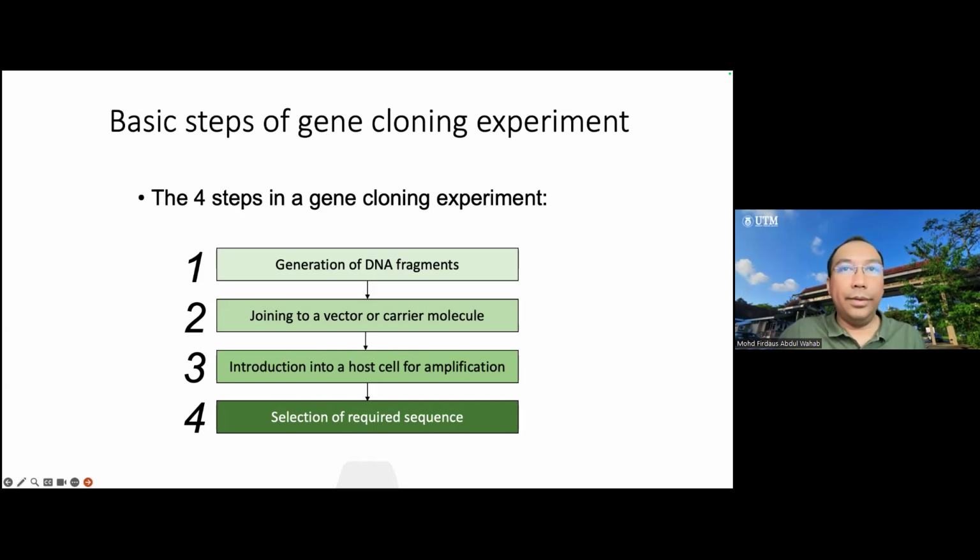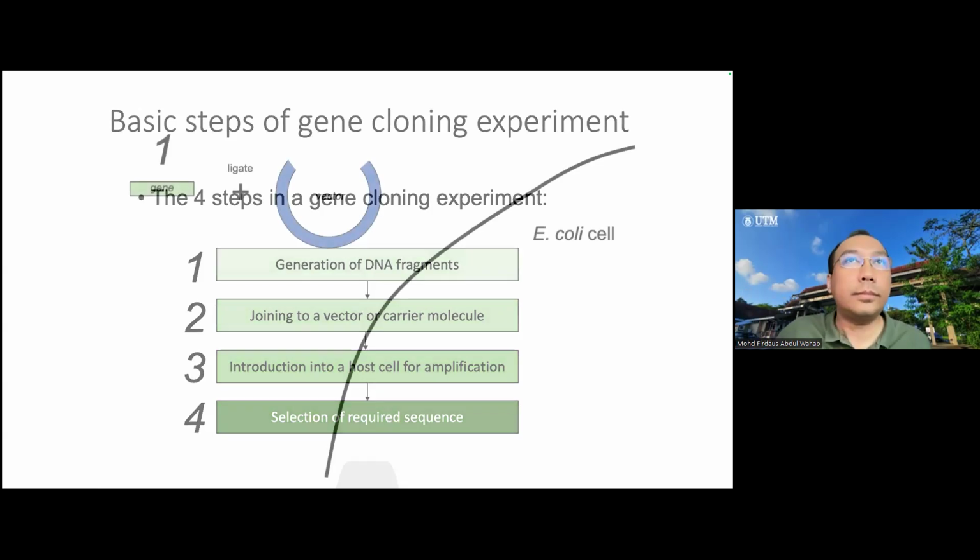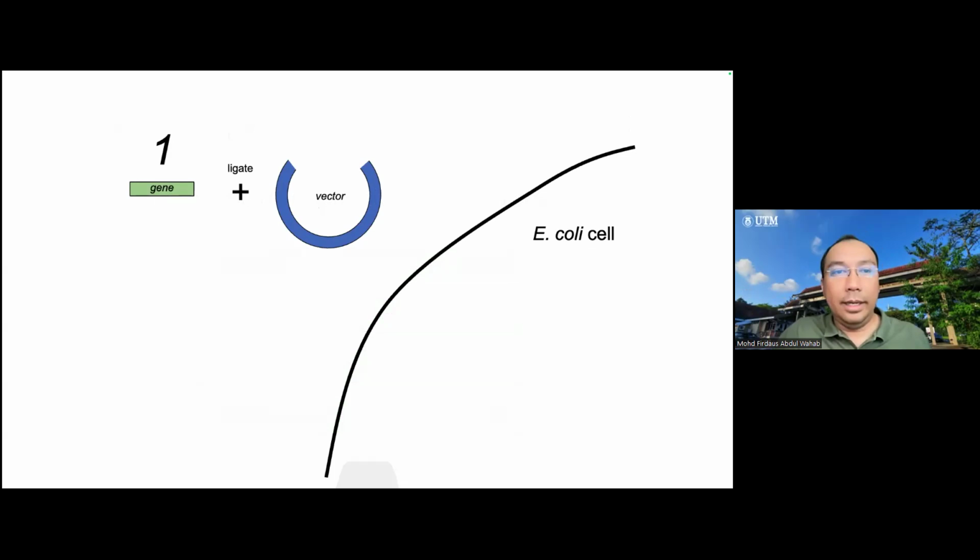So let's go through this one by one. The generation of the DNA fragments. So you can get any gene from any organisms that you want, from microorganisms, from animal cells or plant cells. Get a gene of interest, and normally what we do, as you know, is to digest it with restriction enzymes. So you digest the gene and digest the vector.